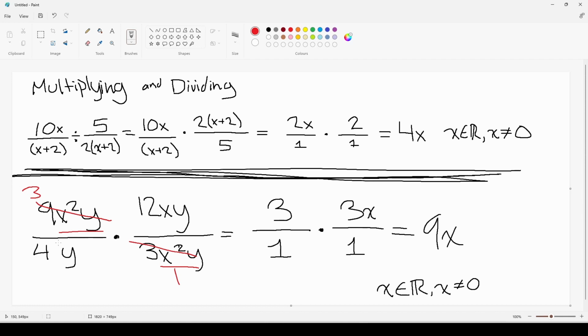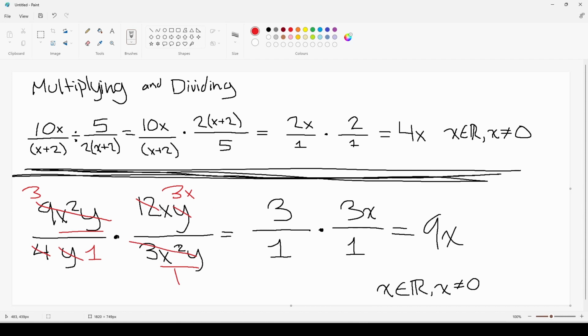Same thing here. We have 12xy and 4y. This becomes 3x. And the y's cancel out. And these cancel out. And here we're just left with 1.